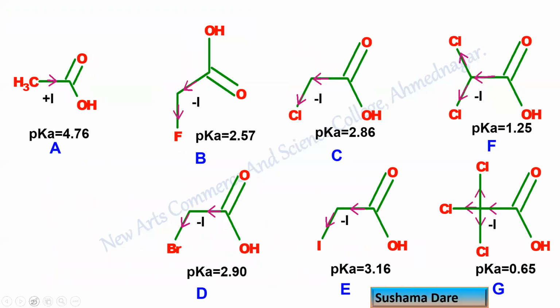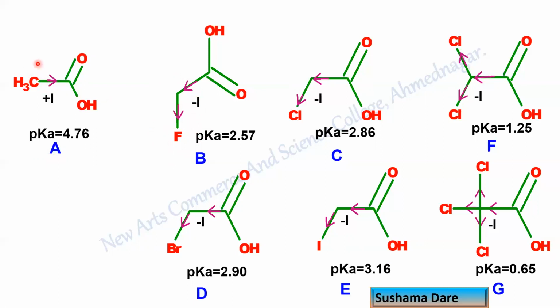Now the next one. This is again acetic acid. In the previous example, what we discussed is that on the alpha carbon we were adding an electron donating group. Now on the alpha carbon, we are going to add electron withdrawing groups, in the form of a halogen.